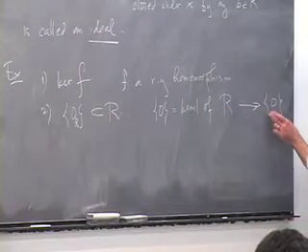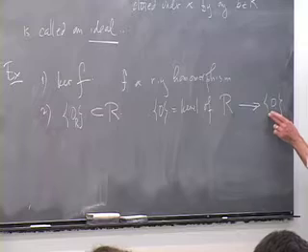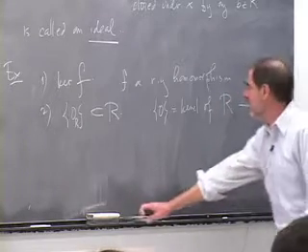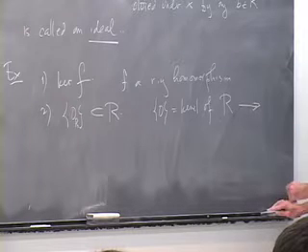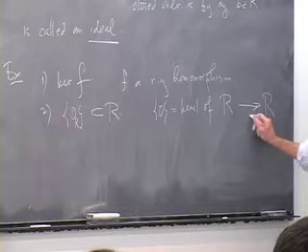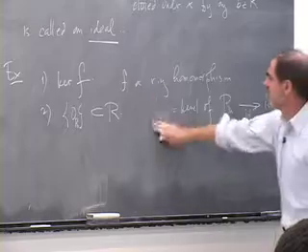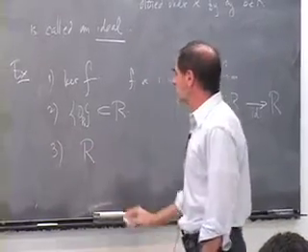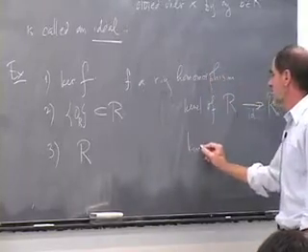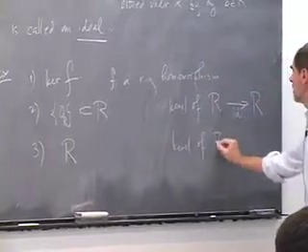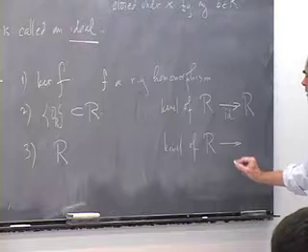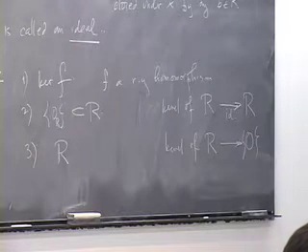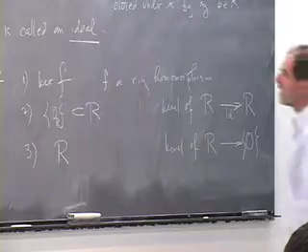If you map everything in R to the 0 ring, that's a ring homomorphism. And the third example is R. That's the kernel of the map from R to R, which is the identity map. So these are very extreme ideals.